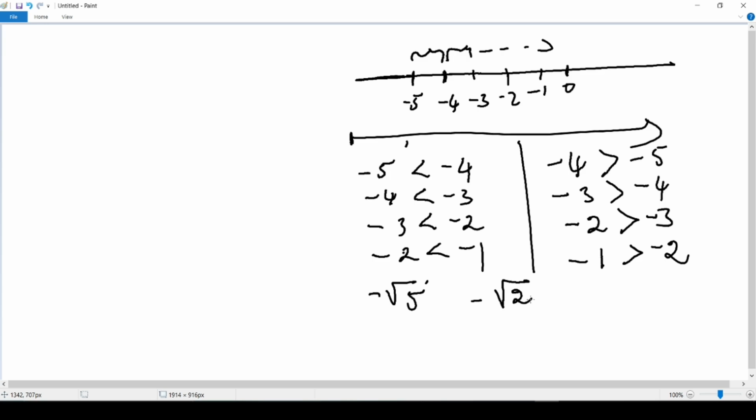The sign in between them will be the less than sign. And if I move to positive numbers and I say square root of 5, square root of 2, if I compare them, I'll see that square root of 5 is greater than square root of 2.